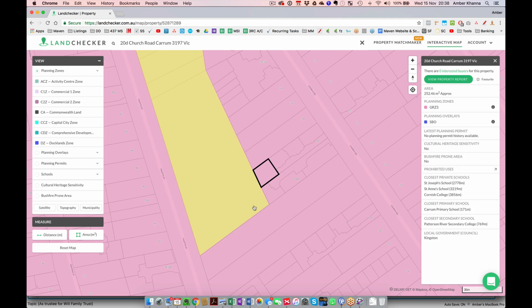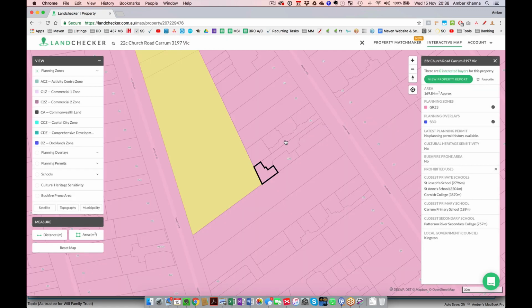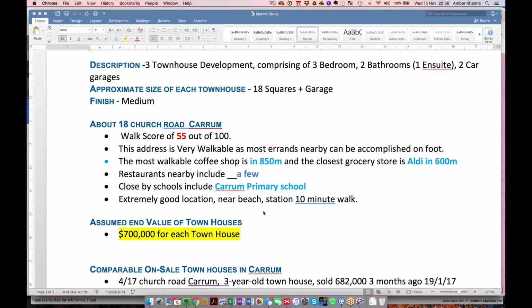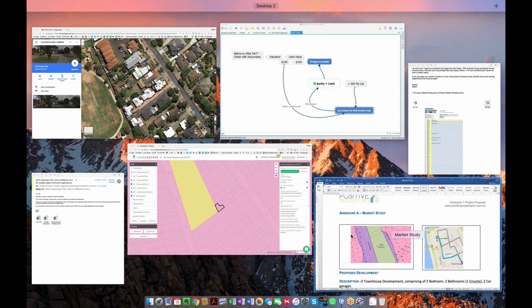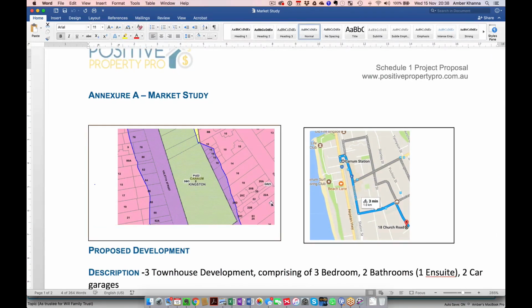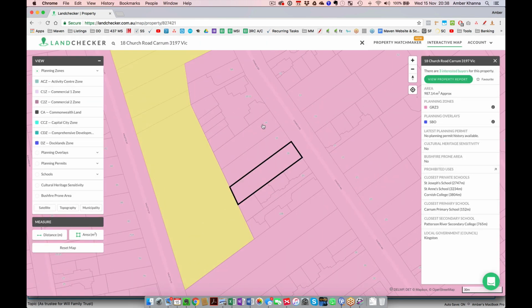Because if I click on this property on the side, this also has the same overlay on it, but to what degree? So to what degree is actually determined by this map right here. So I think what I think logically is that this side has more than any of these two, and that's why they've not been able to get the yield that they wanted.